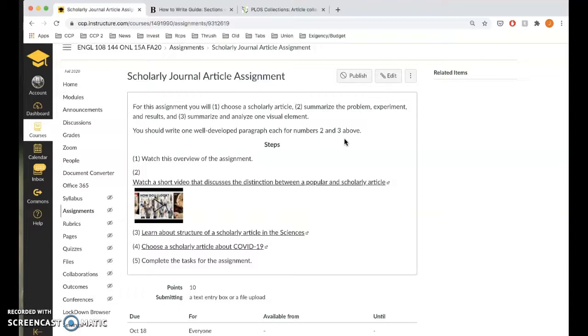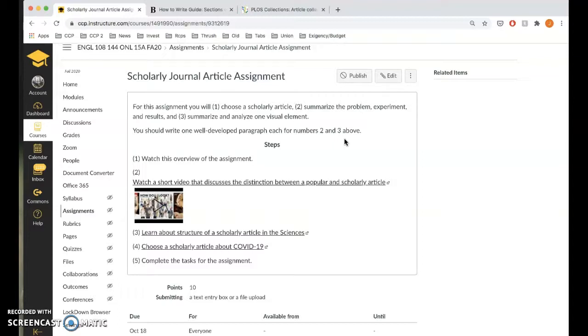So he would be an example, Outliers would be a popular source. Okay, it's not a scholarly article, although Gladwell uses scholarly research to support his claims. He's writing for a general audience, for the general public, right? So that's the difference between a scholarly article and a popular article or a popular resource.